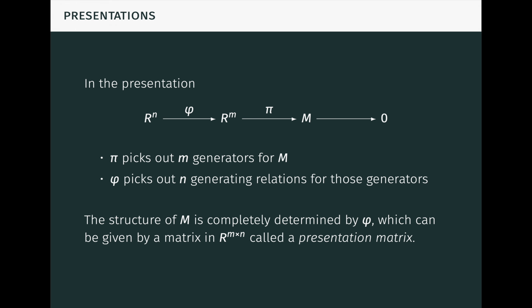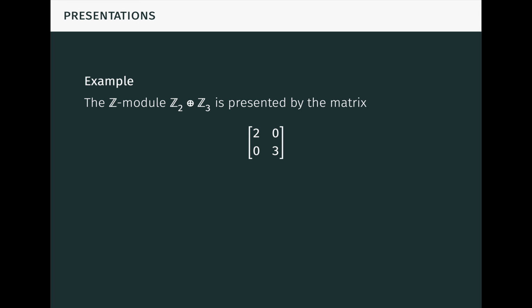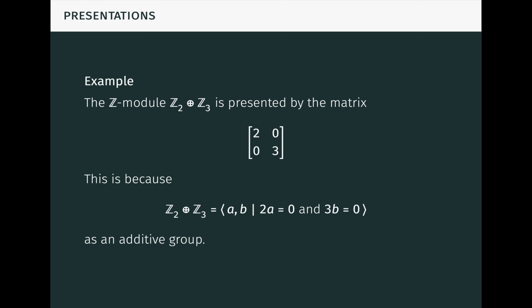Let's look at a simple example to illustrate things. The Z-module Z_2 plus Z_3 is presented by the 2x2 matrix seen here. That's because Z-modules are just commutative groups, and as such, a group written additively, Z_2 plus Z_3 is generated by two generators, say a and b, where 2 times a equals 0 and 3 times b equals 0.